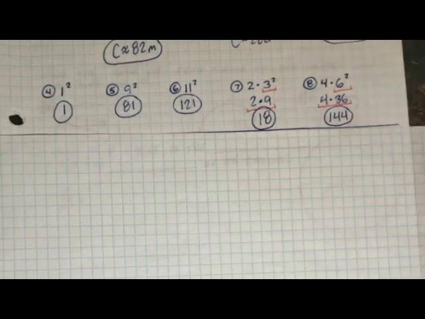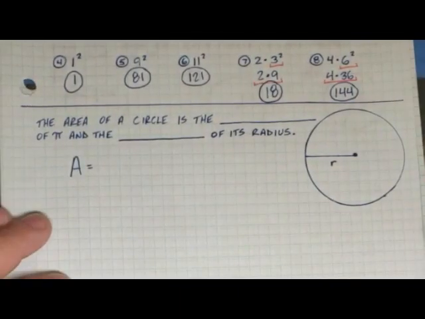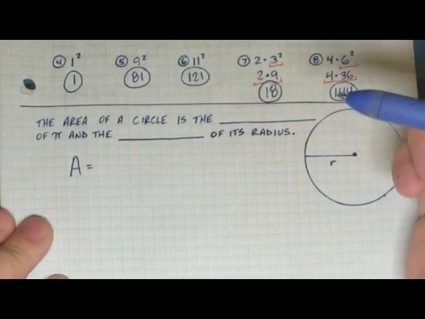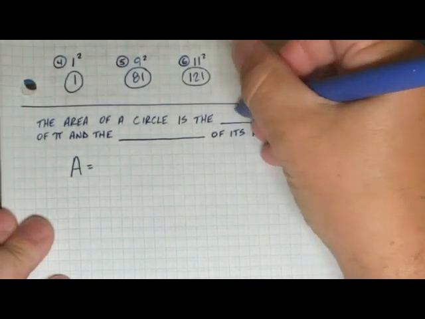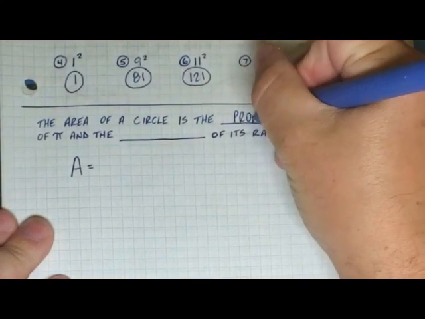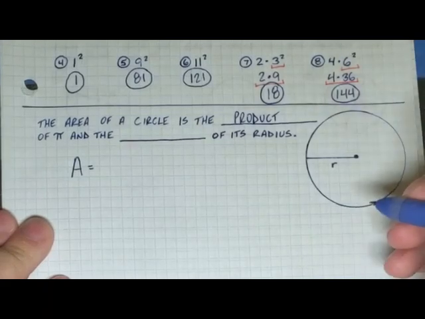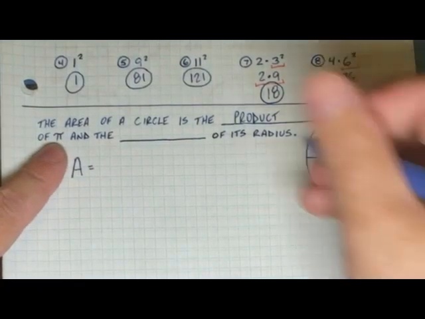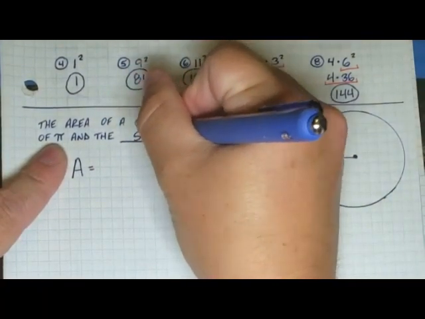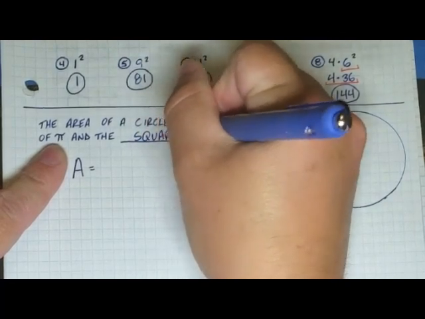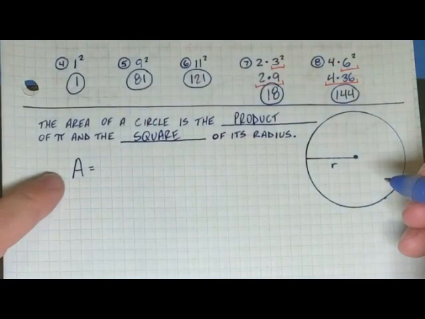All right, but let's go into area of circles. To find the area of a circle, the area of a circle is the product of pi and the square of its radius.